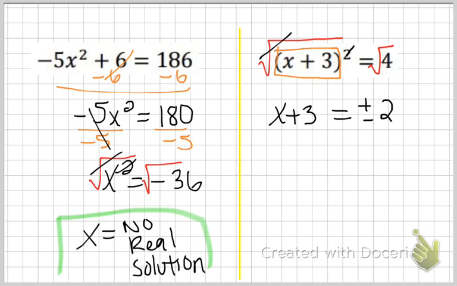Now, this means that we have two cases: x plus 3 equals positive 2, and x plus 3 equals negative 2.